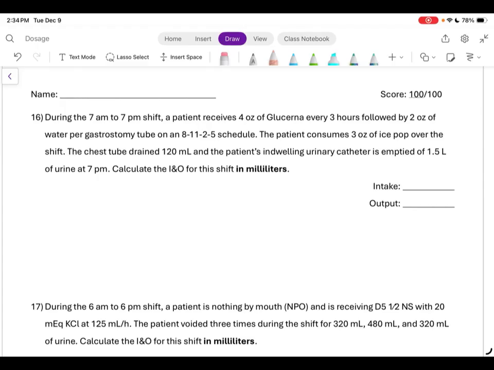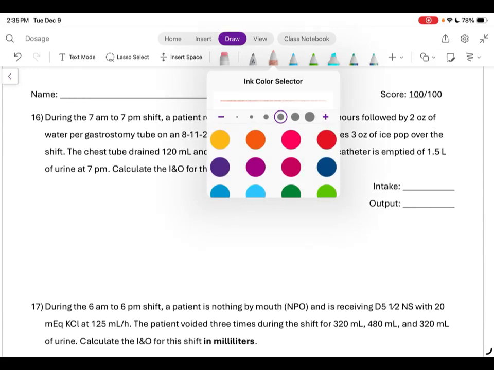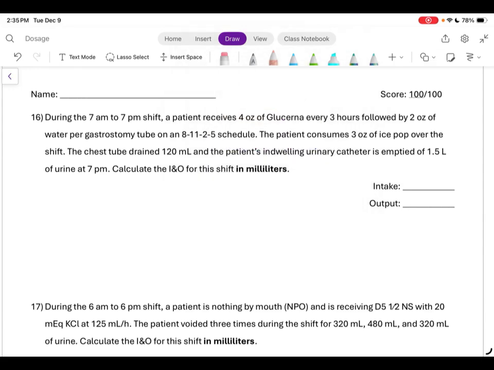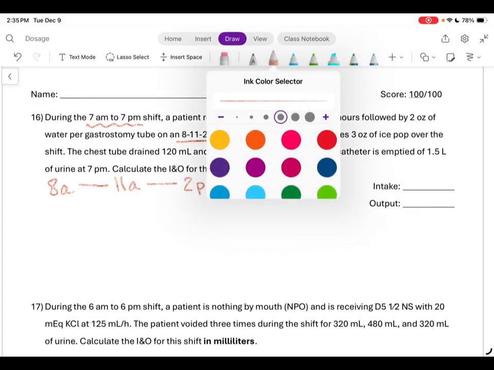All right. So here we've got one of those scheduled things. Let's see, we're working at 7 a.m. to 7 p.m. and this is our schedule. Okay, so I'm gonna write it out as I like to do. So write 8 a.m., 11 a.m., 2 p.m., and 5 p.m. Okay, and so each time, I'm just gonna use a different color.